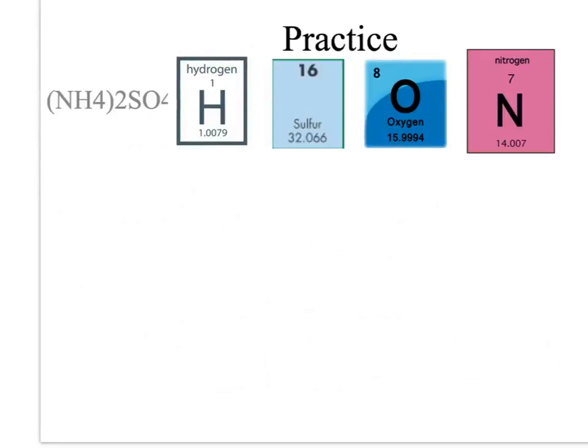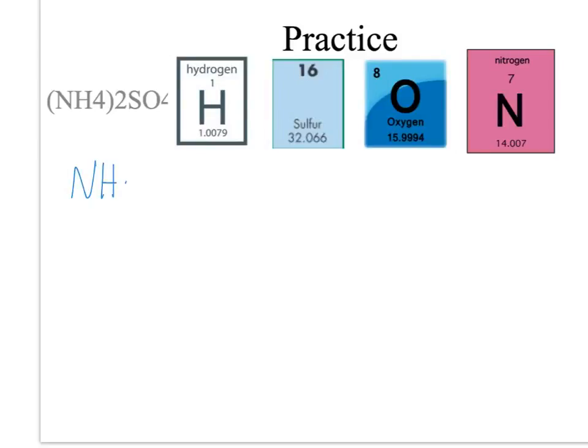All right, so now let's try 2 of them on our own. And these are in your notes, if you're following along, at the bottom of the page. We're going to do first something called ammonium sulfate. And let me write the formula down here because it's kind of overlapped.